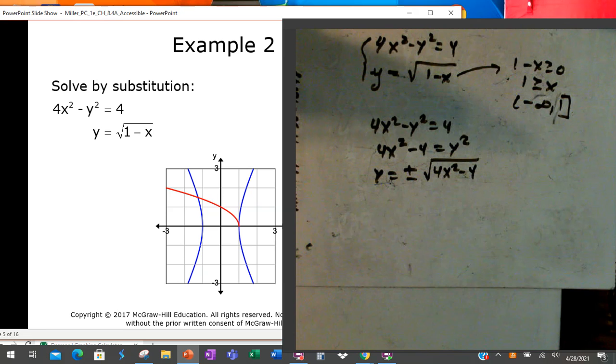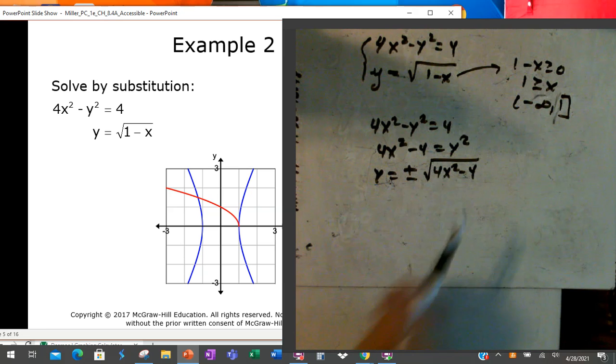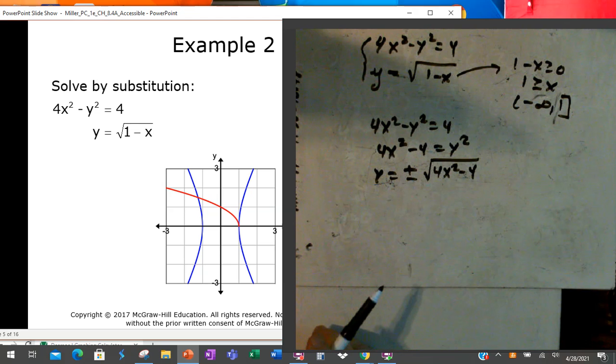Okay, I've got two versions for y. I've got the plus version and then the minus version from those.